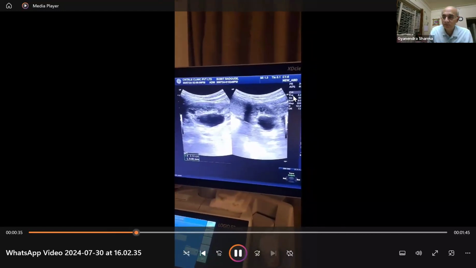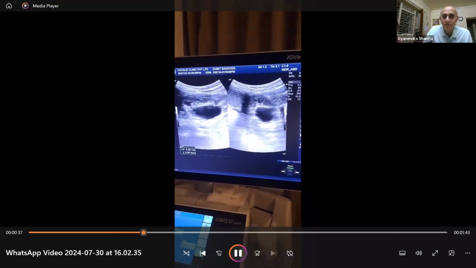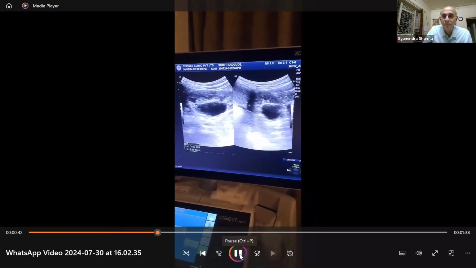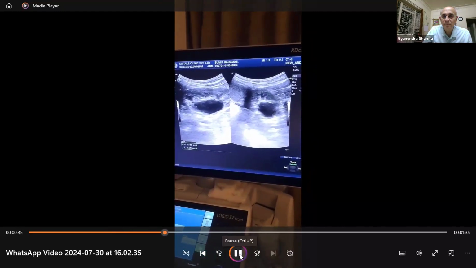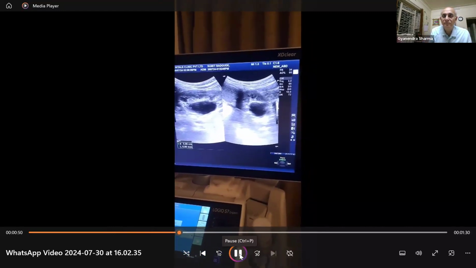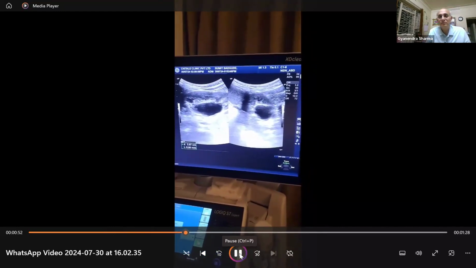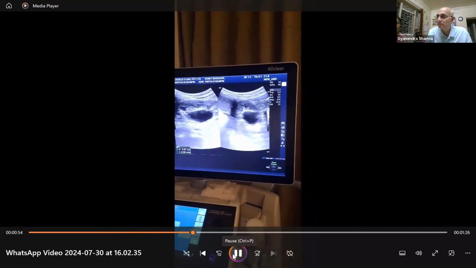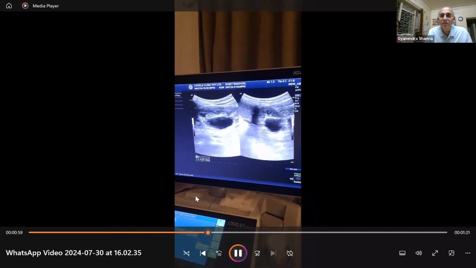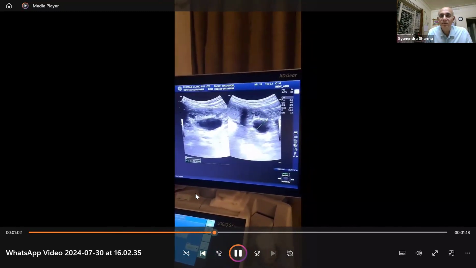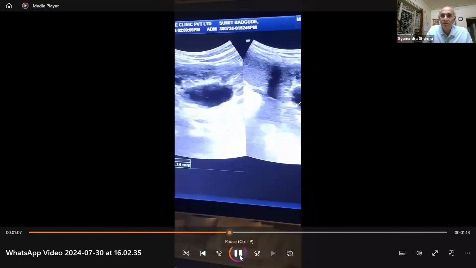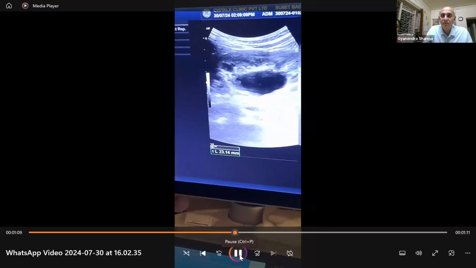In the longitudinal view you will see an elongated renal structure, and here is the transverse view of the kidney. All measurements should be taken in the transverse view. This is the intrarenal part of the dilated pelvis, and it is showing approximately 23 mm here.